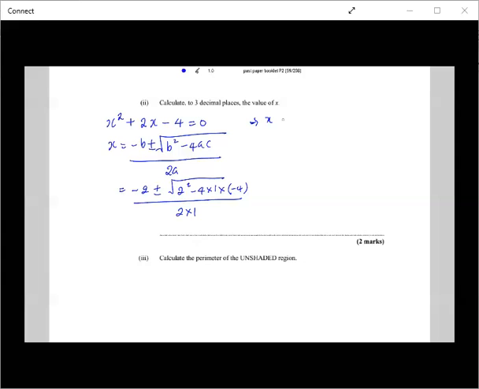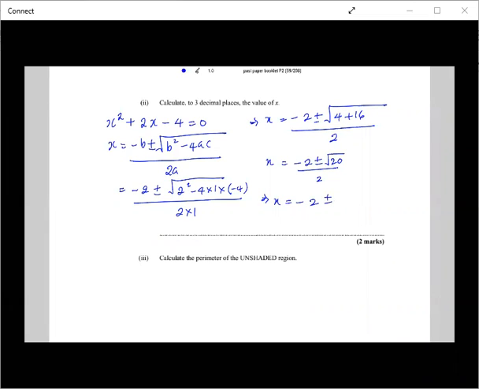Therefore, x is equal to minus 2 plus or minus the square root of 4 plus 16, all over 2. X is equal to minus 2 plus or minus the square root of 20 over 2.